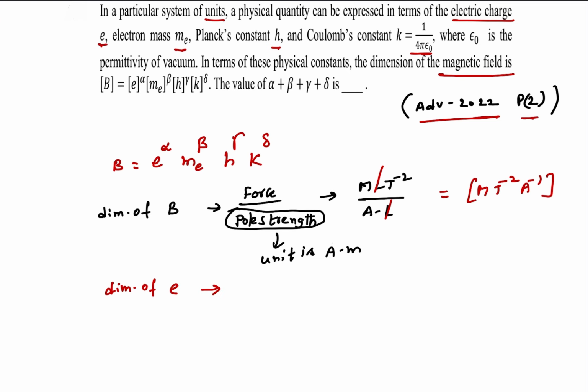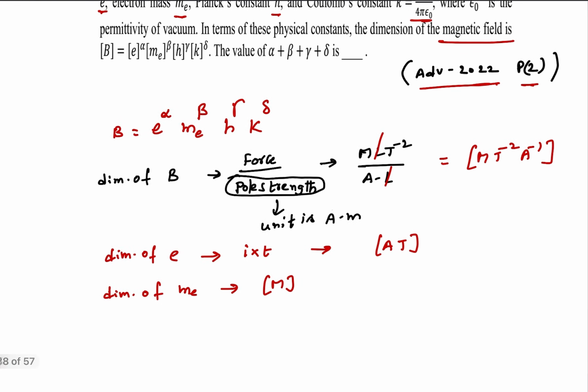Next, dimension of e. Dimension of e is that of a charge, which is nothing but current into time taken, so you can write A T. Next, dimension of m_e, the mass of the electron, that is capital M only.